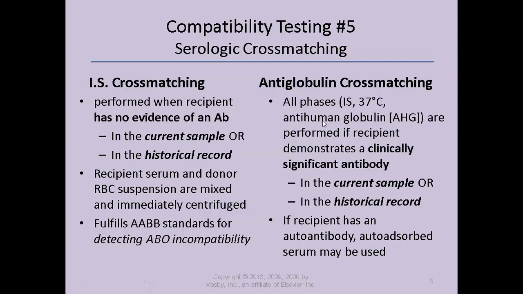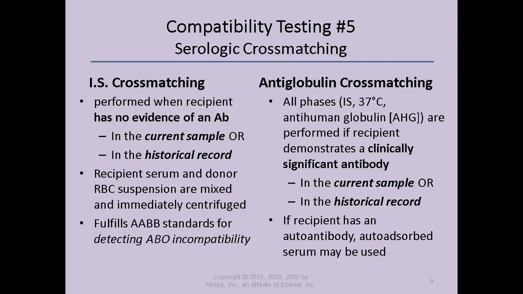The antiglobulin cross-match is more labor intensive. And so when you're doing tube testing, we start with immediate spin, but this is similar to the phases of testing we learned about with antibody screen and panel testing. So we do the immediate spin testing. However, we're not done.